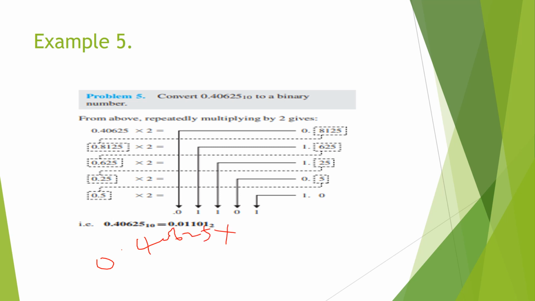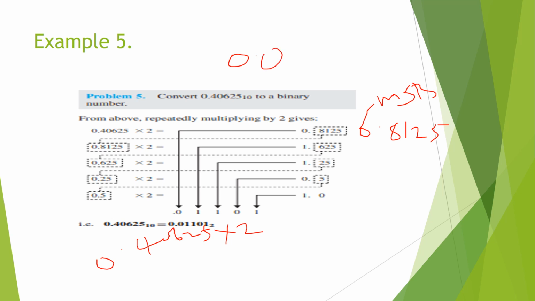Then we multiply it by 2, you get 0.8125. So remember here, if we are recording our answer into binary, it is a 0 point, because the whole part is 0, and this is our most significant bit. So we record that first 0 there.